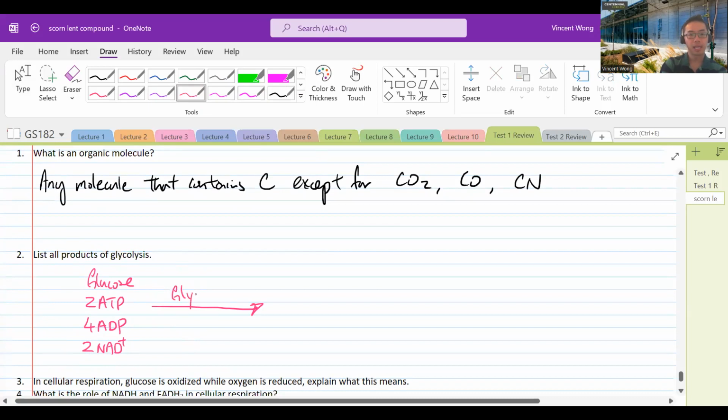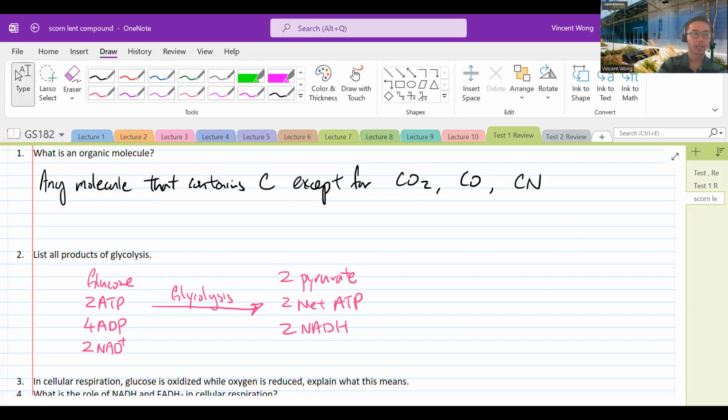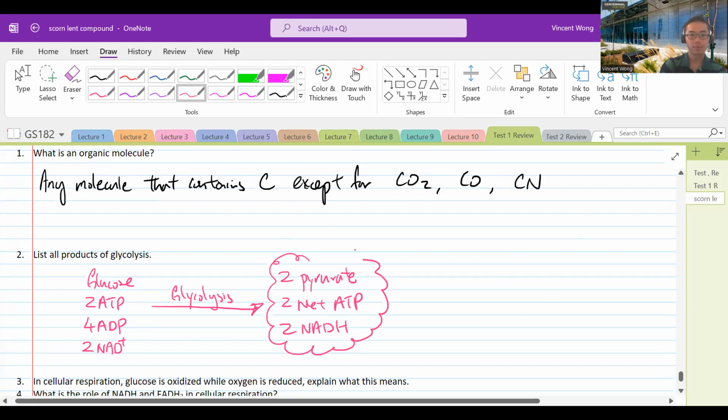And after glycolysis, we're going to get 2 pyruvate, 2 net ATP, and we will have 2 NADH. So these are the key products.